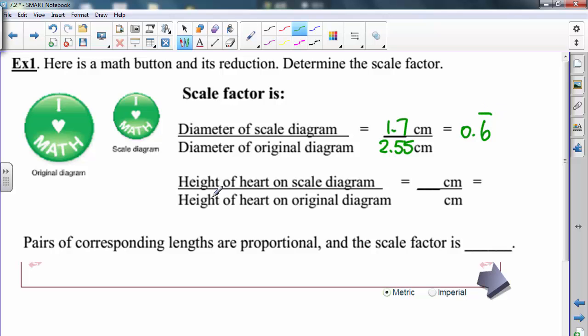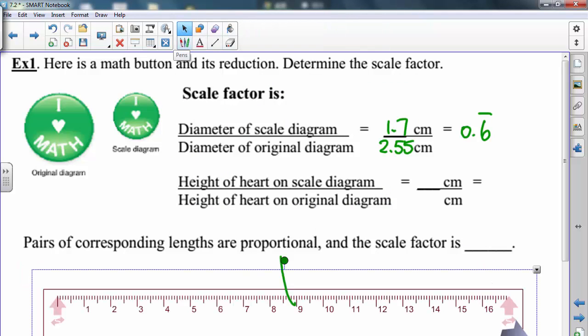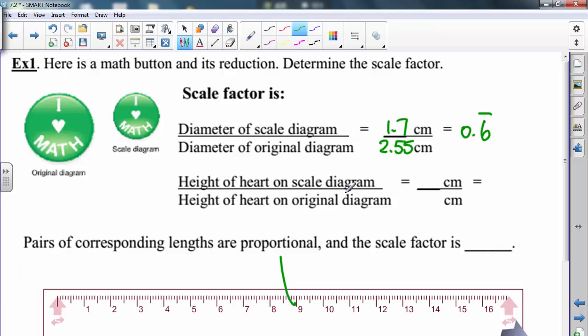Now let's find the height of the heart on the scale diagram and the height of the heart on the original diagram by using the ruler. The height of the heart on the scale diagram is around 0.35 centimeter. The height of the heart on the original diagram is around 0.525.